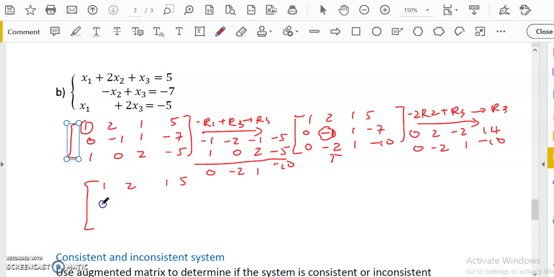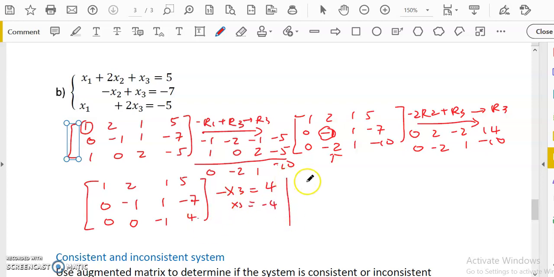My R2 I don't change: 0, -1, 1, negative 7. But my R3 is now going to be 0, 0, negative 1, and 4. Right? So it is upper triangular, so I would have negative x3 equal to 4. x3 is equal to negative 4.